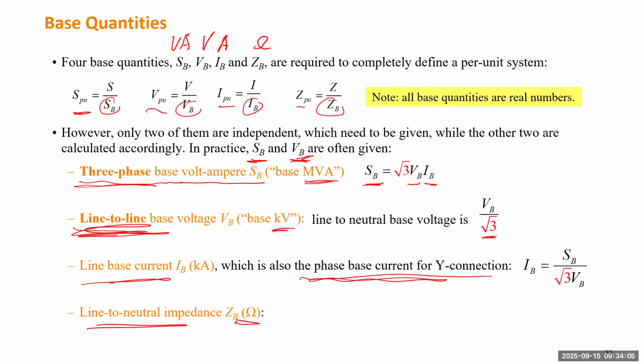For line current, if you already know the three-phase power and the line-to-line voltage, this will give you the line base value. And finally, impedance can be obtained by knowing this one. This is the line-to-neutral voltage. Line-to-neutral voltage divided by line current will give you the line-to-neutral impedance. Or you can use this formula.